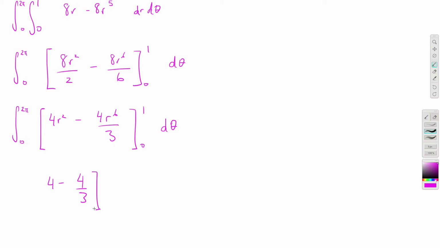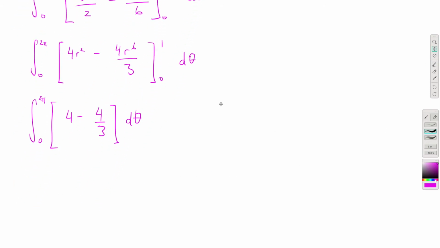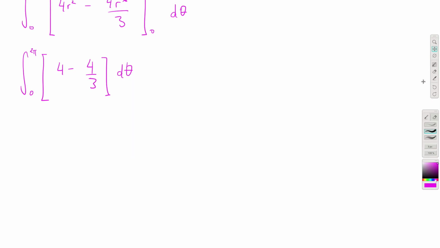Don't worry about putting the 0 in. This becomes 12 on 3 minus 4 on 3, d theta, which becomes 8 on 3. Does that look right?